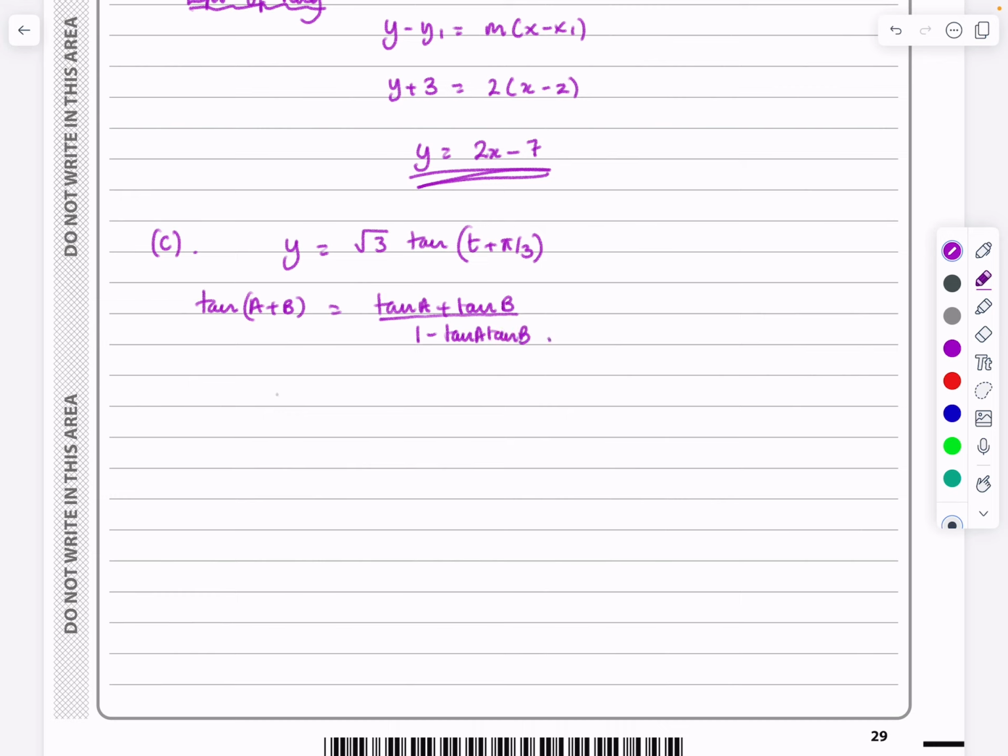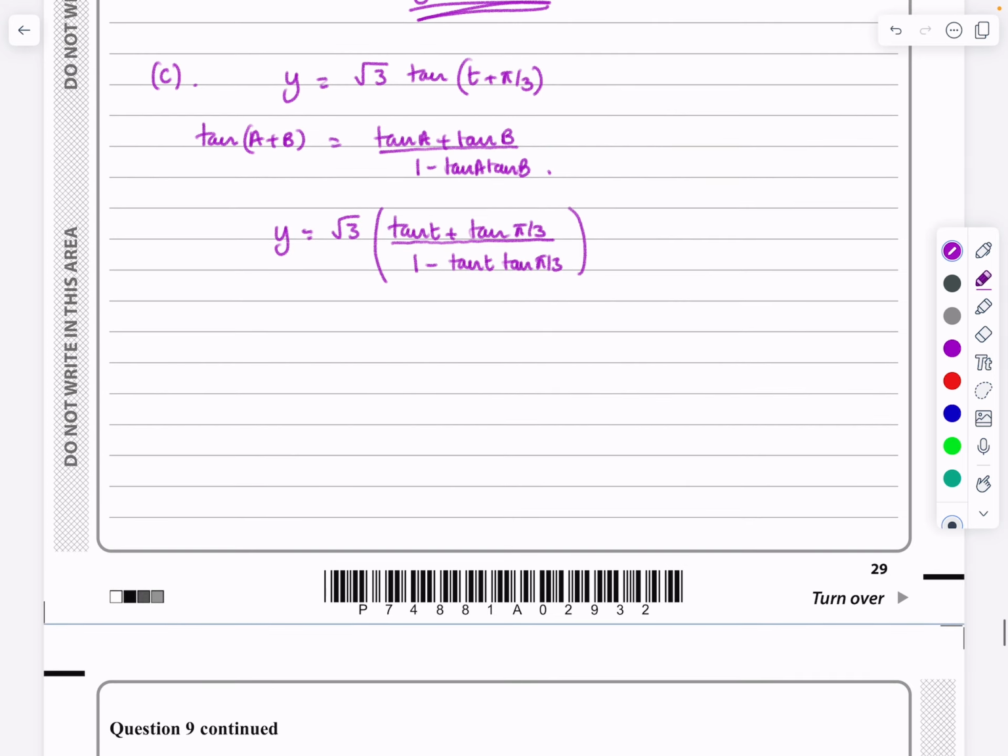So in this case, y is then going to be equal to root 3, and it's going to be, all right, tan t plus tan pi over 3 all over 1 minus tan t tan pi over 3. But tan pi over 3 is root 3.